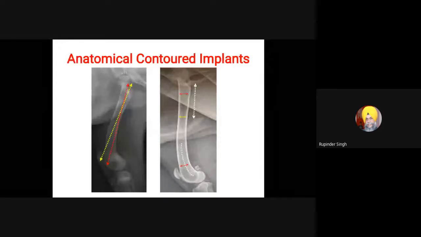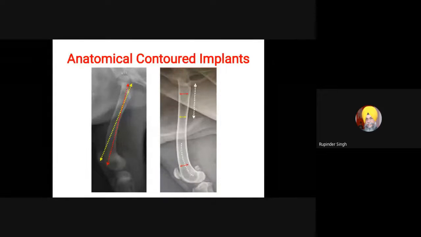So when the implant is curved, you cannot place it into the medullary canal using rotatory movements. So you have to just hammer it. Those implants may be of some different configuration as per the need of the patient, and they should only be hammered. They are just pushed into the bone.